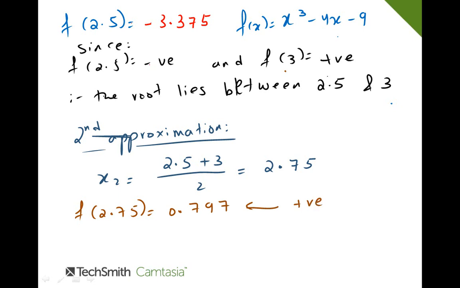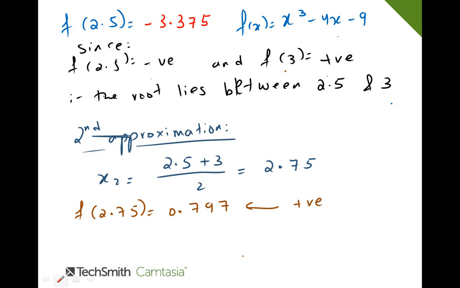So since it's positive, you're going to compare it with the negative or the positive? Of course, we're going to compare this positive with the negative. Here, what's the negative? This is negative. Since this is positive, I'm going to compare it with this negative.